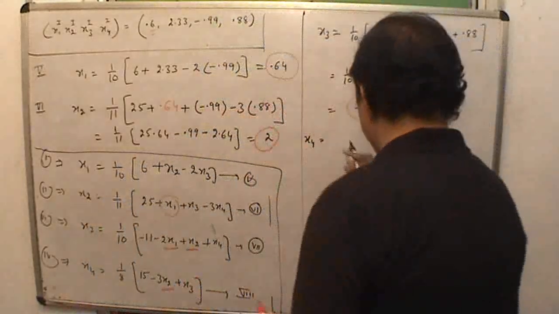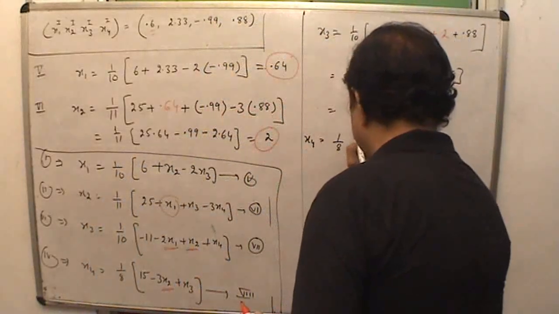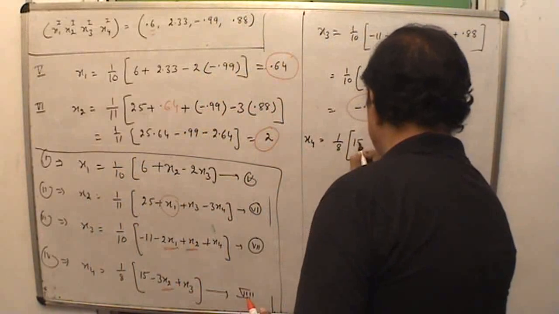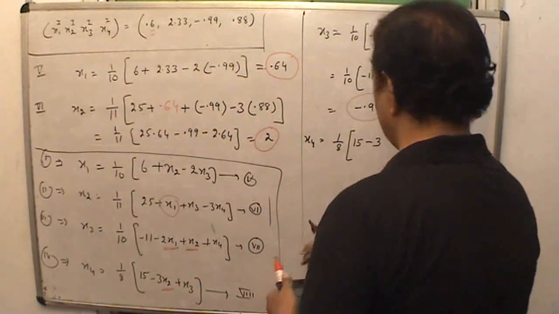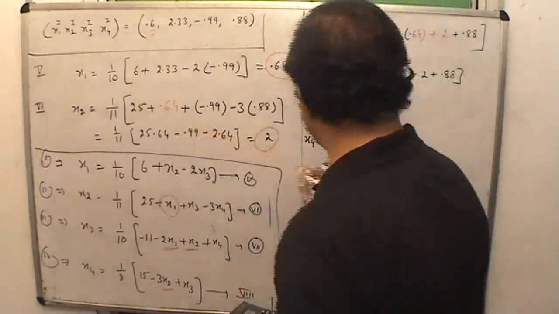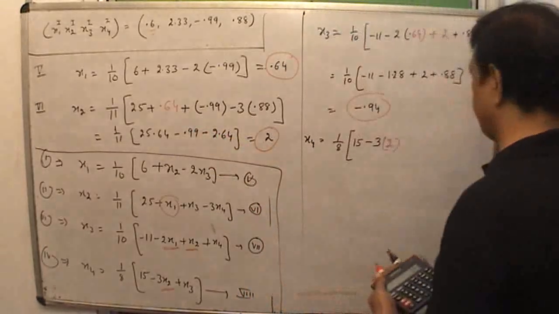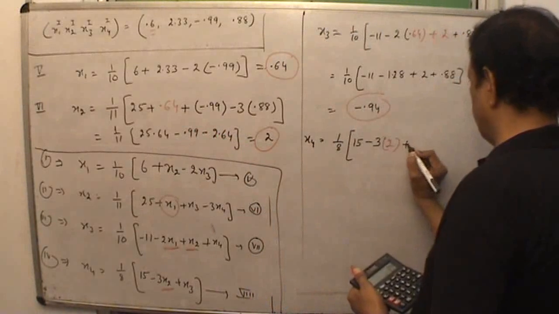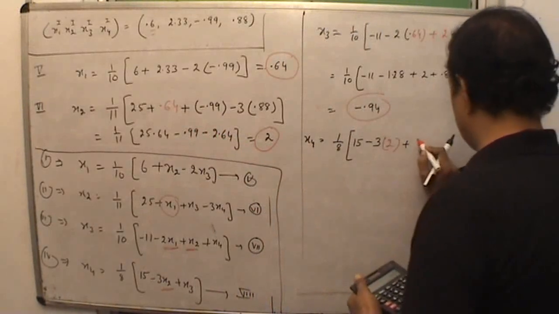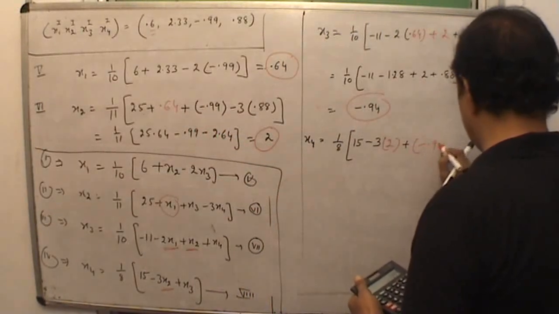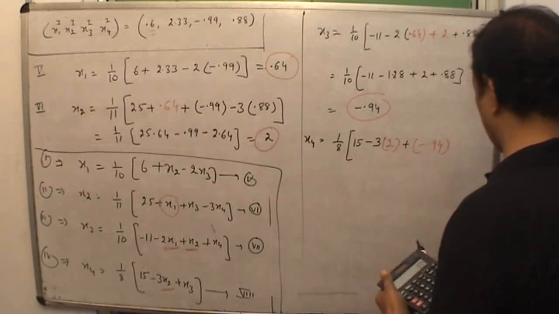Then for x4, we keep in mind these three new values. x4 is equal to 1 by 8 into 15 minus 3 times x2, here x2 is 2, plus x3, x3 means minus 0.94.